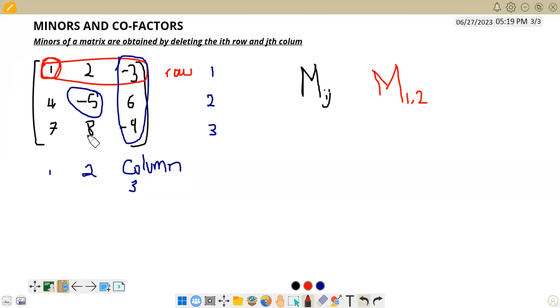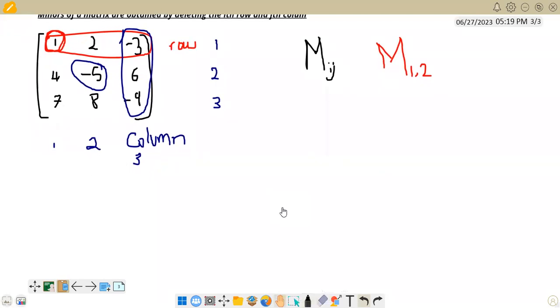The remaining elements we consider and find their determinant. That's how we are going to find the minors. So let's have an example so that we understand.